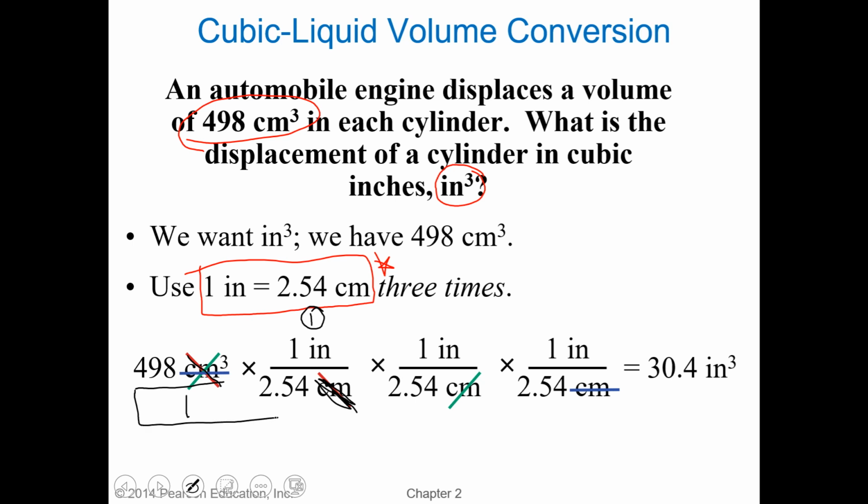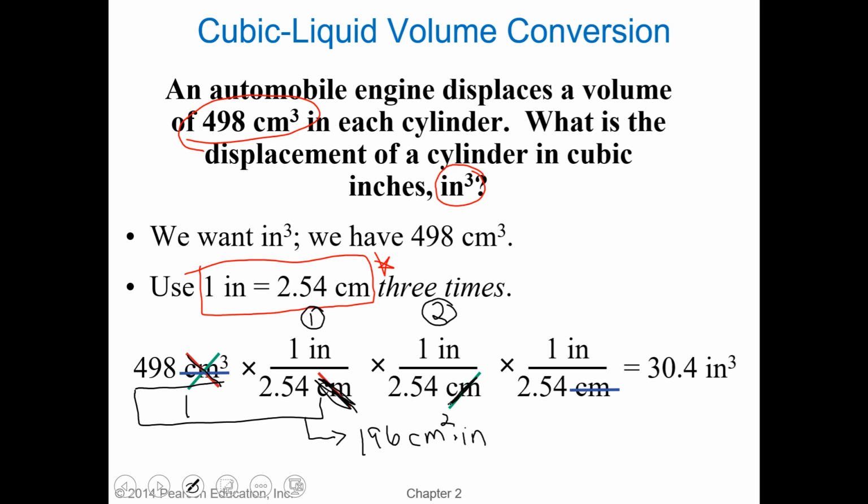So once I did this math, what I would really be left with is 498 divided by 2.54. I would be left with 196 centimeters squared inch. So now I have to do it again.